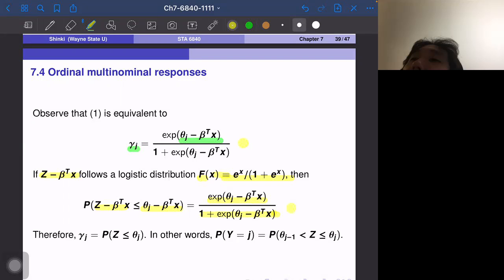So that means gamma j, that is the probability of y less than or equal to j, is actually equal to this quantity.